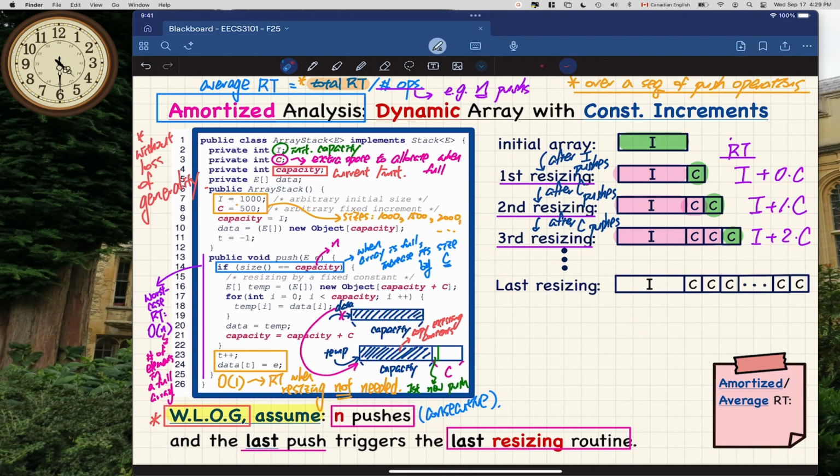So if we say we got different resizing steps, let's say we got something called K, and K is the resizing step. So this is step number 1, this is step number 2, and this is step number 3, and all the way to the very last one.